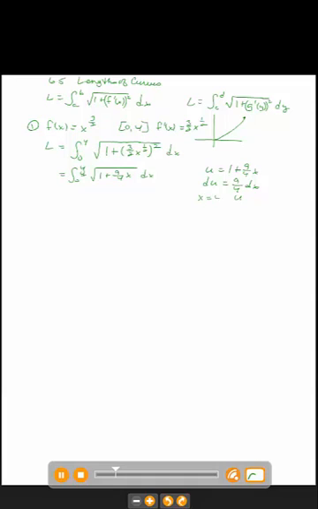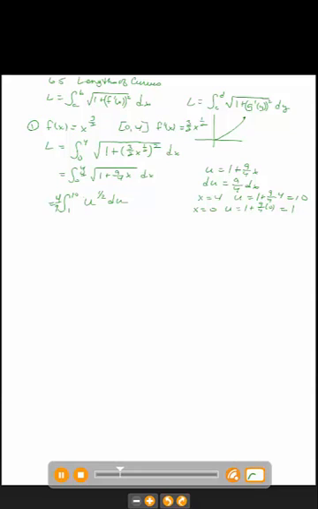So when x is 4, u is going to be 1 plus 9/4 times 4, 10. So up here's a 10. And when x is 0, u is going to be 1 plus 9/4 times 0, or 1. So there's my boundaries. This becomes u to the 1 half.